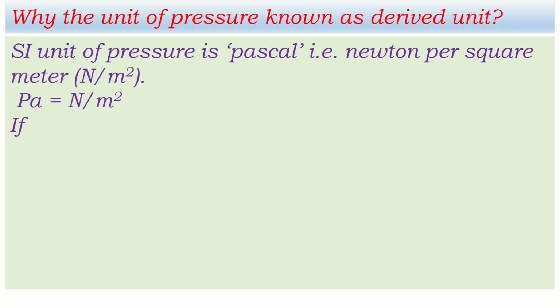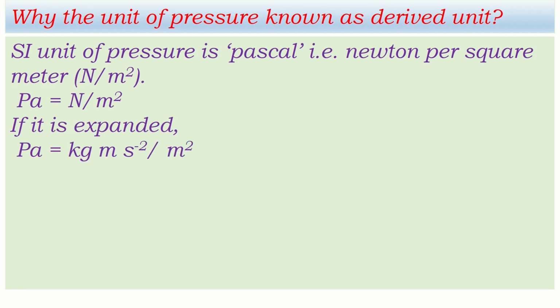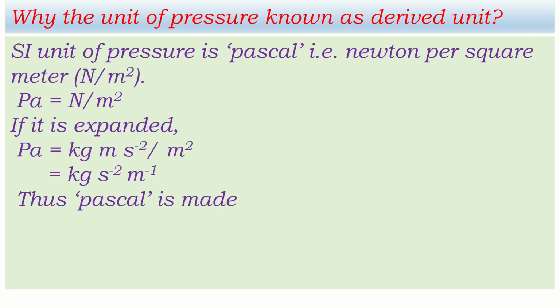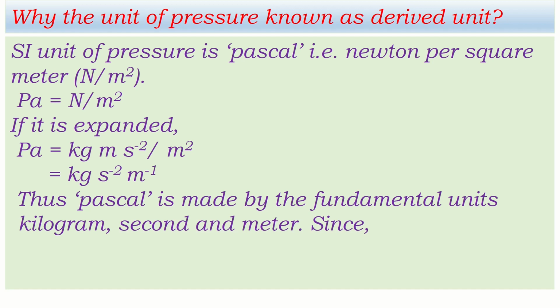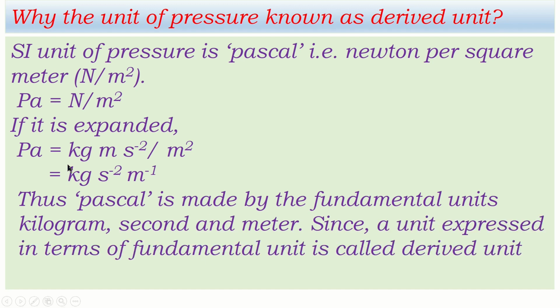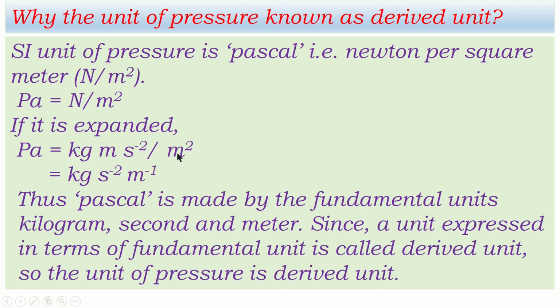We all know that Pa is equal to Newton per square meter. If it is expanded, Newton is expanded to kg meter per second square, and meter square is the same. Here we have meter square in the denominator and meter in the numerator. This meter of the numerator can be cancelled with one of the meters of the denominator. Then we'll have just 1 meter in the denominator. So kg remains the same, this meter is cut down and this meter is now only 1.